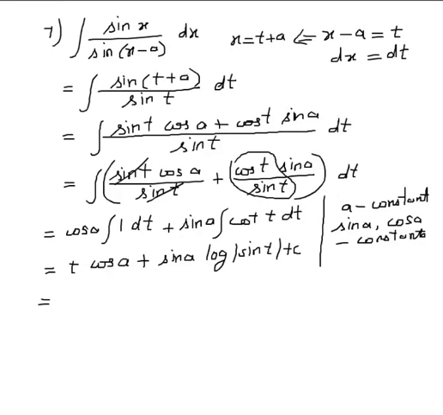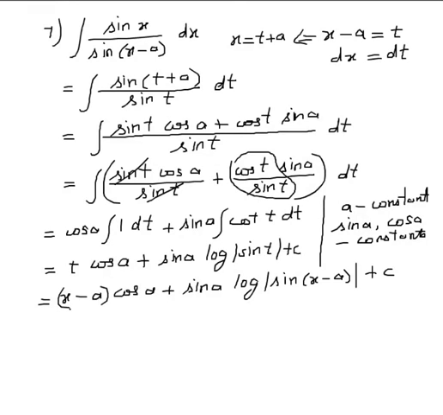We have to substitute for t. T is x minus a, times cos a plus sin a times log of absolute value of sin of x minus a plus c. We can further simplify this function.